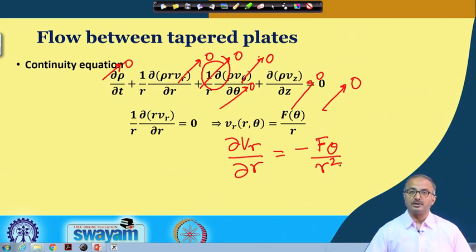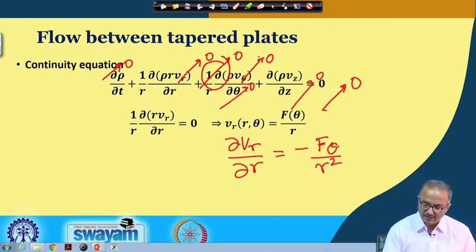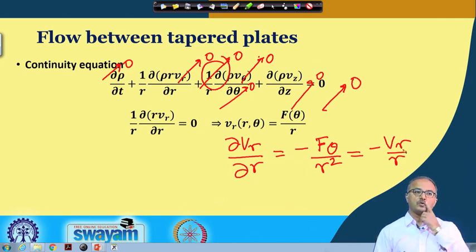And f theta by r is nothing but, so this dou Vr by dou r is nothing but minus Vr by r.